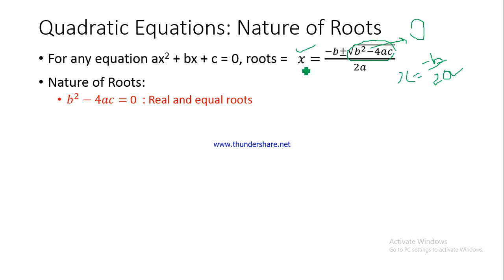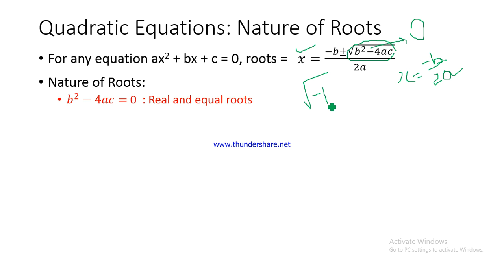And why is it real? Imaginary is when you are getting a negative sign inside the square root. You cannot find out, let's say, this particular number. This is basically an imaginary number because there is no number of which the square is negative. So you cannot have any number of which the square is negative.